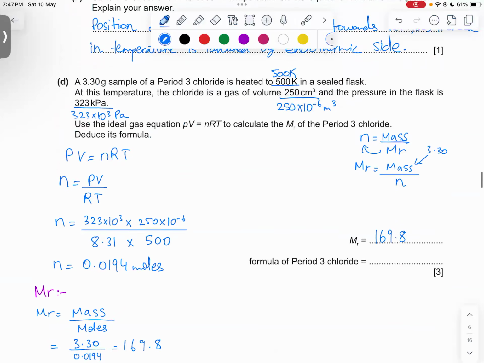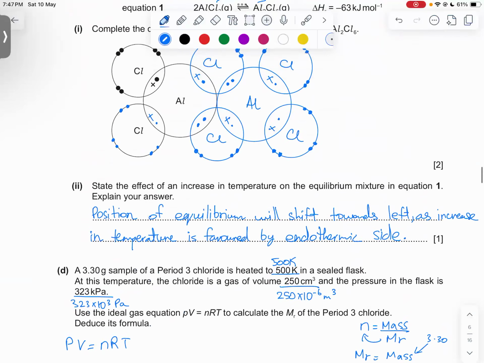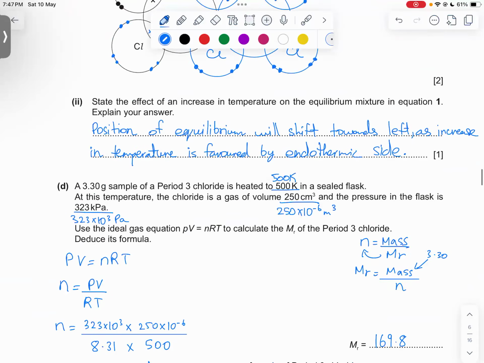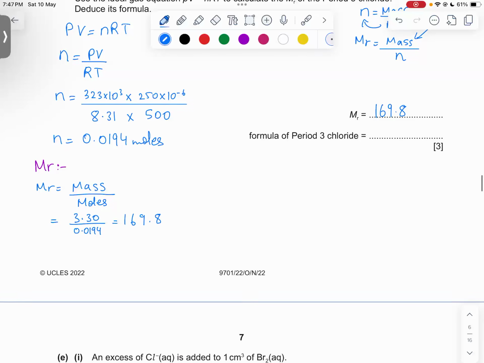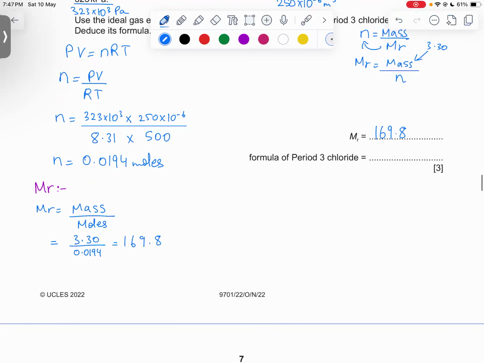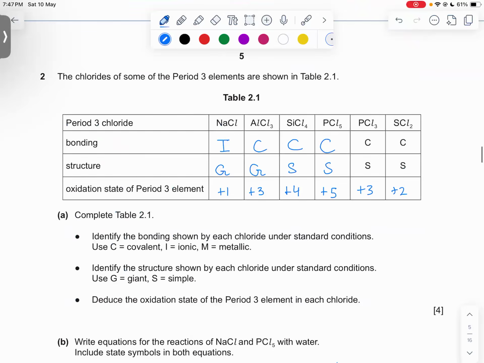If the MR is 169.8, then what could it be? Okay, so which chloride has a formula mass of 169.8? We are going to have to find that out. Here are all the chlorides. Let's measure their masses.